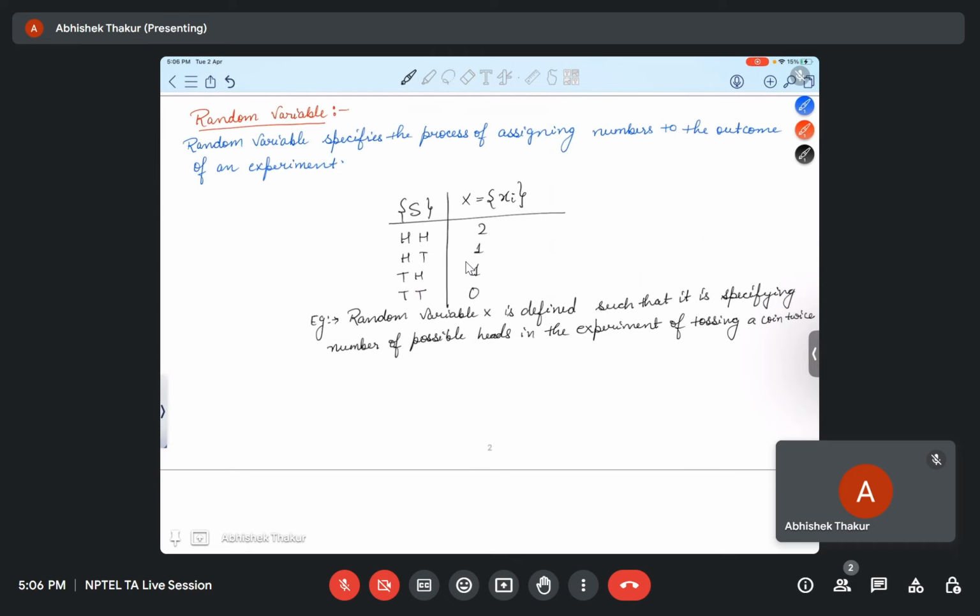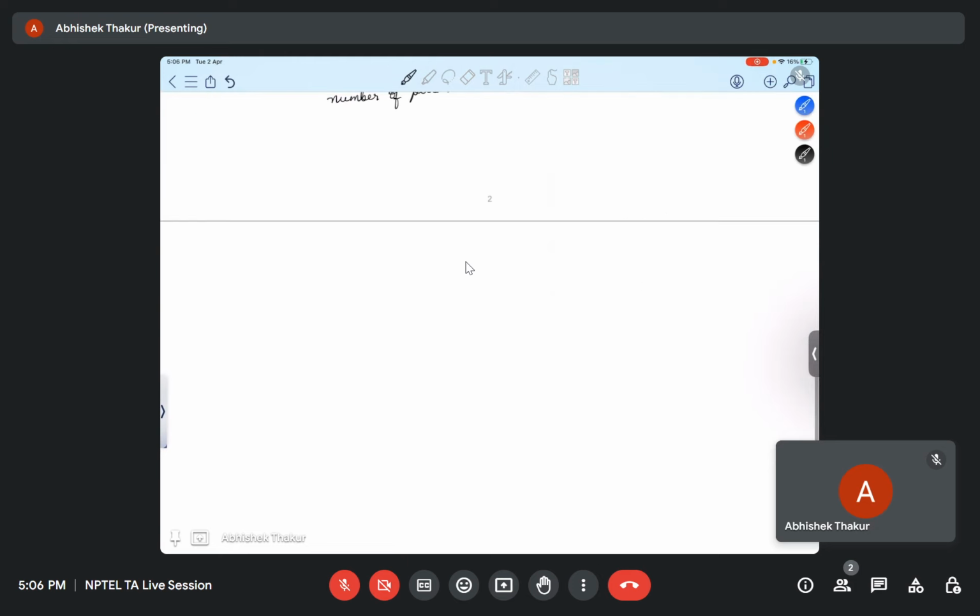So now we will see what is probability mass function. This was about the random variable, and after that there will be probability distribution functions as well. So now take probability mass function.